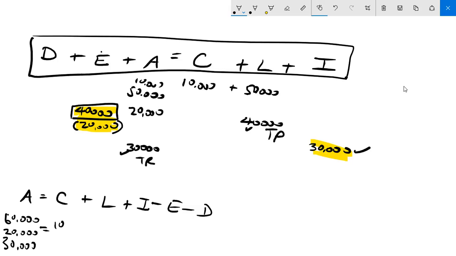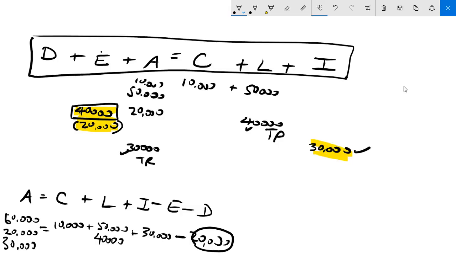And this is equal to the 10,000 that I owe, plus the 50,000 that I owe to the bank, and the 40,000 that I owe to the people I bought the goods from on credit. I haven't paid them yet, plus the 30,000 minus the 20,000. This 20,000 is made up of the 40,000 minus the 20,000. That's why I have 20,000.